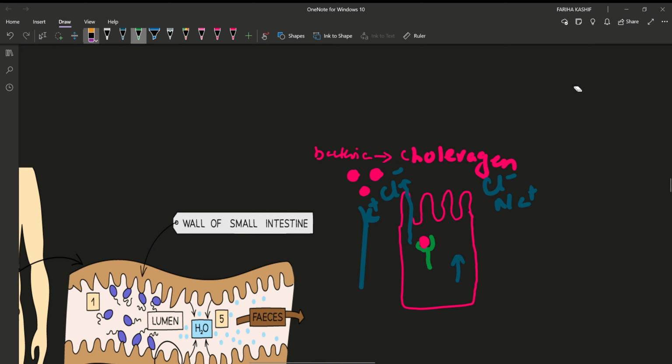This is a receptor protein lying on the wall of the small intestine, and the choleragen will bind to it.